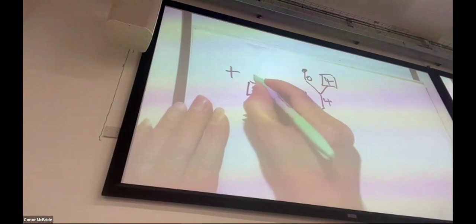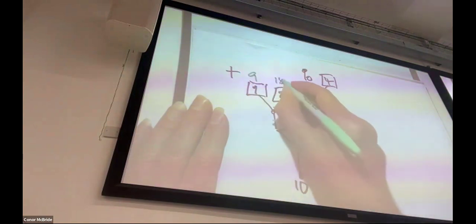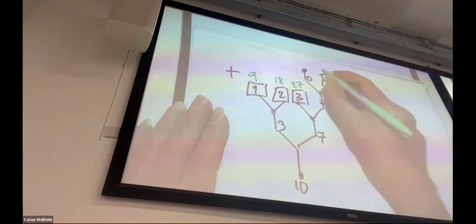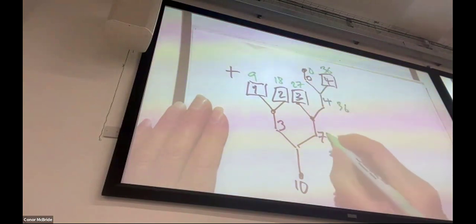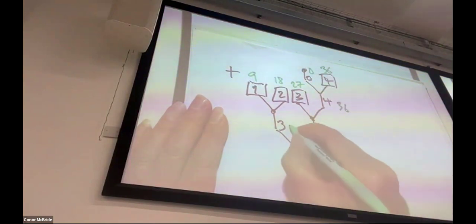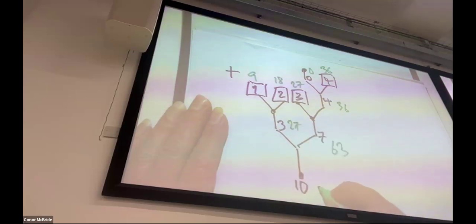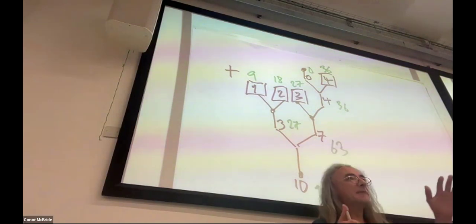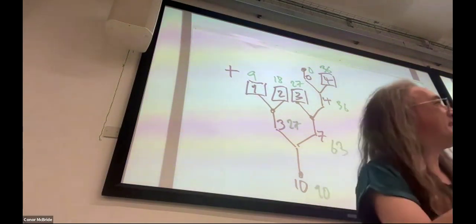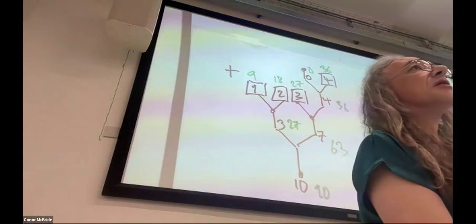So this becomes 9, 18, 27, 36. This is 0. This is 36. This is 63. This is 27. And this is 90. Right. All I've done is apply the same function, multiplying by 9, to all the data in the picture.